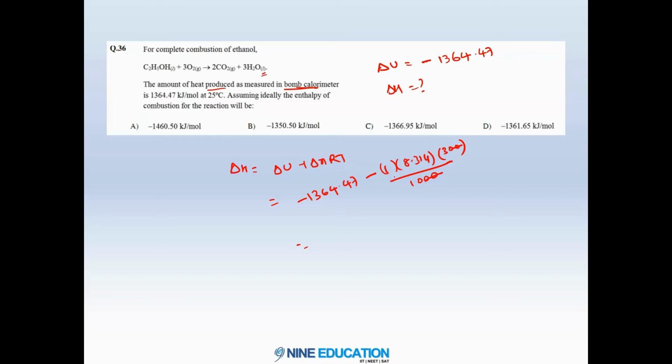So it will be 2.5. So minus 1364.47 minus 2.5. Both are in the same units, kilojoule per mole, so it makes sense to simply add it up. So it is minus 1366.95. Yeah, this could be the answer.